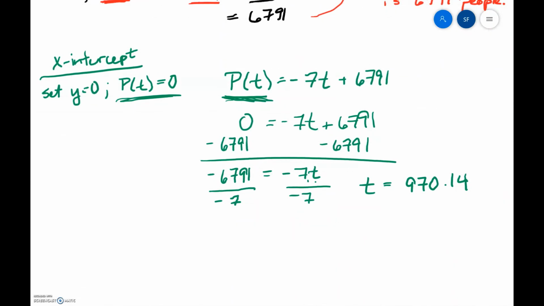Remember, this represents years since 1980. How many years have passed since 1980? 970 years have passed. So if we take 1980 plus 970, that gets me the year 2950, sometime way, way in the future.